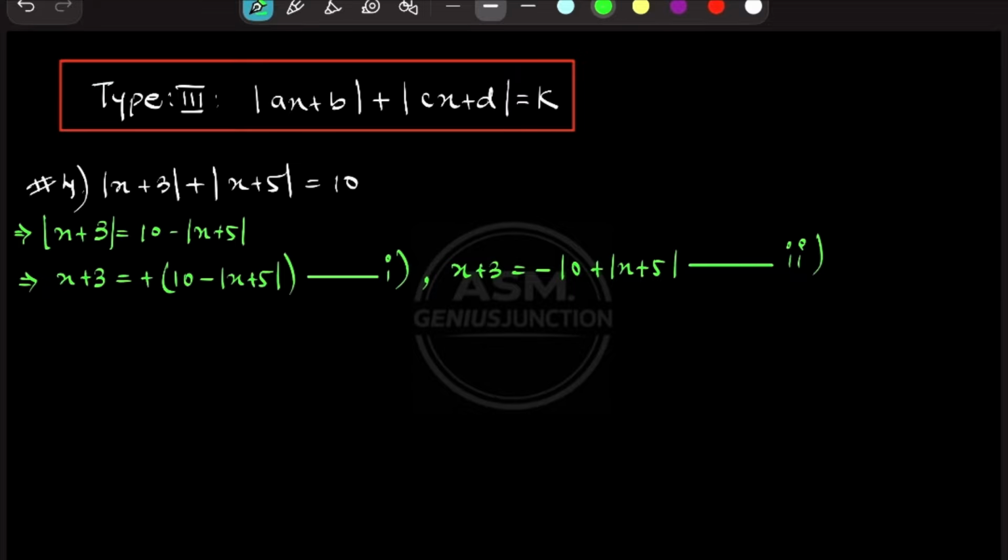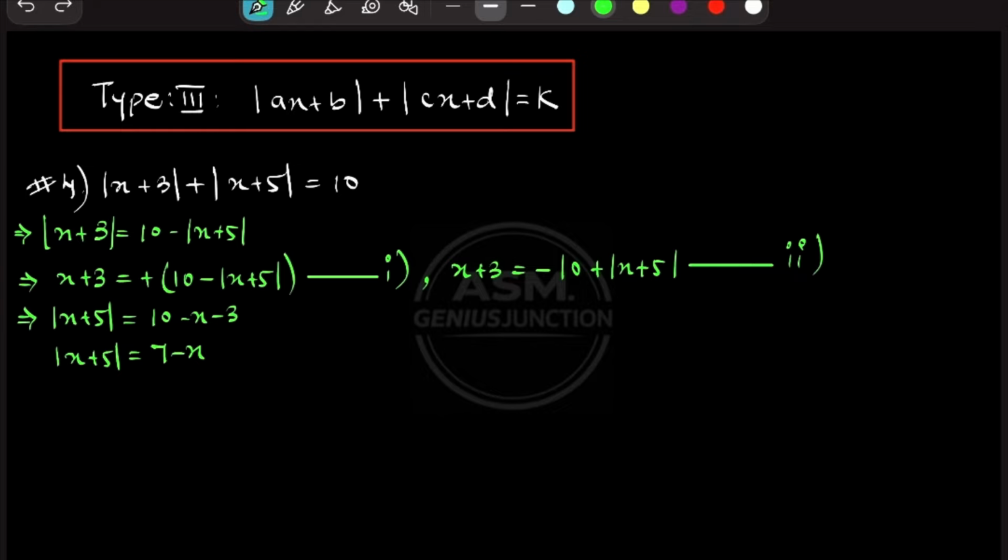One by one we will try to shuffle the things to understand in the best possible way. What I'm going to do is shift this modulus function to the left hand side, and shift these variables and the numbers to the right hand side. So it becomes mod x plus 5 equals 10 minus x minus 3. This gives me mod of x plus 5 equals 10 minus 3, that is 7 minus x.